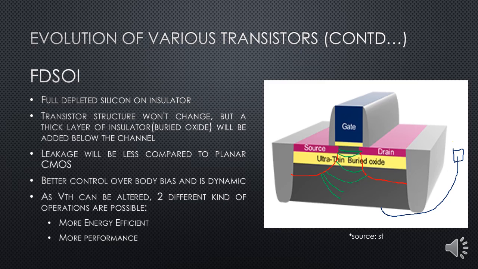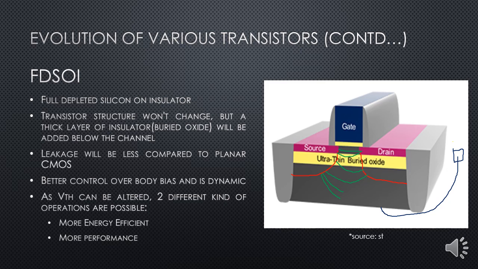But we have similar things possible with the planar CMOS also, where we change the doping concentration, and we have different types of cells, which are low threshold voltage, medium threshold voltage, or high threshold voltage.